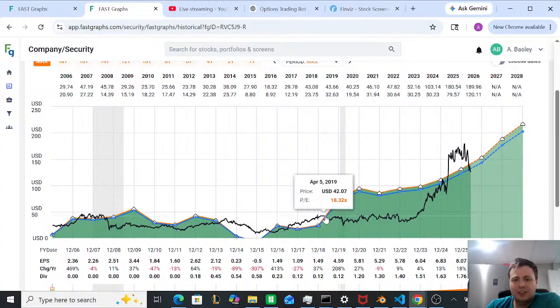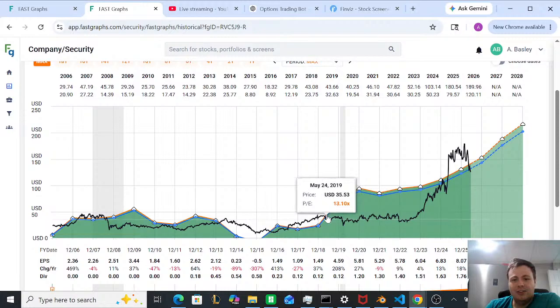But if we scroll back and look at 2018 or 2019, if you were buying this stock, you were buying it well above earnings. It was trading at a 26 PE, 27 PE near the peak, and the earnings weren't there to justify it. But then you wait. So this would not have been a good time to be buying it.